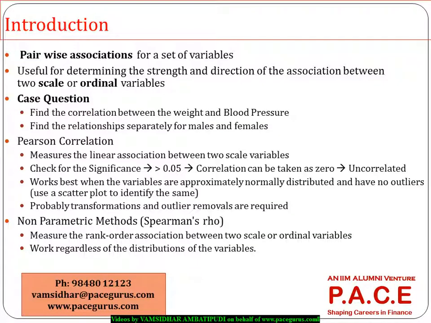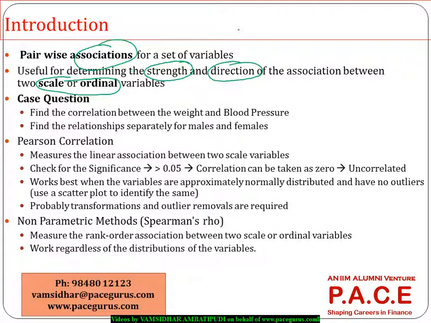So just to understand the basic concepts before we actually go further implementing the same, this talks primarily on the pairwise associations between the variables. So you could look out for scale or ordinal. In case we are talking about the scale, we are primarily focusing on the strength as well as the direction.